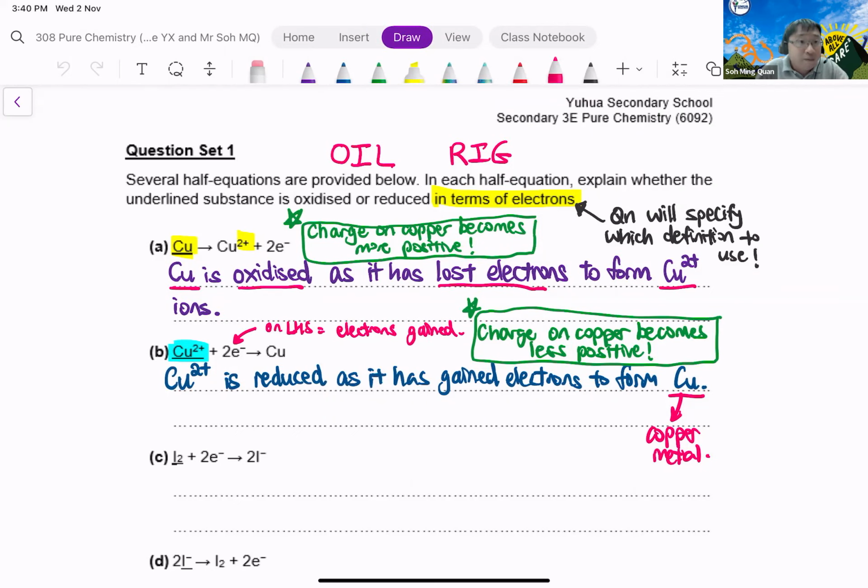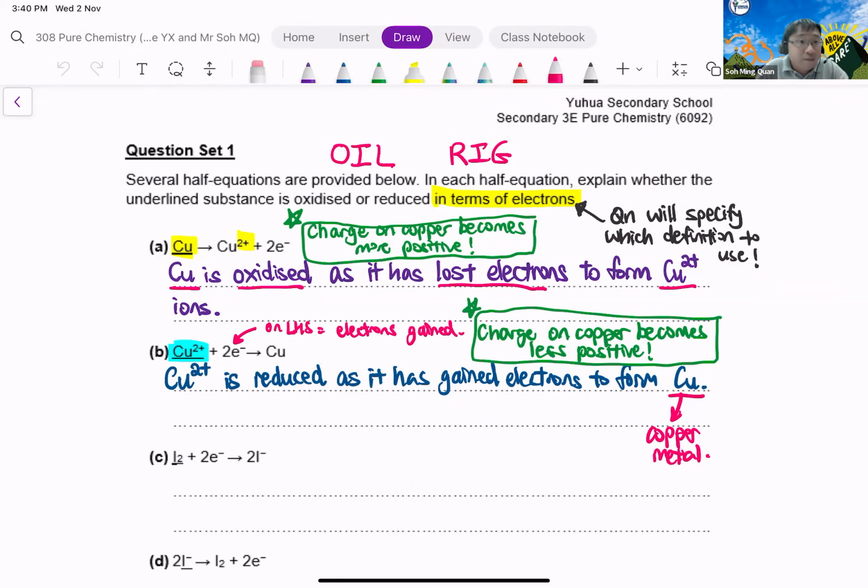At first, there's a 1+ charge. At the end, there's no more charge. So it became less positive. Less positive means it gained electrons. And that's why we say that Ag+ is reduced because it gained electrons to form Ag.